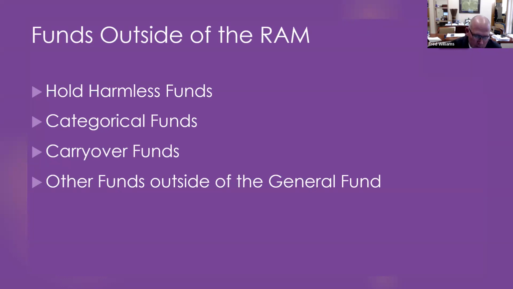So what they told us now is the 24-25 year will be the last year that we receive the hold harmless dollars. And the number has been quite significant for us. In some cases, it's over $30 million that we've gotten in monies that we didn't earn, but because of the hold harmless provision, we were able to get those dollars.